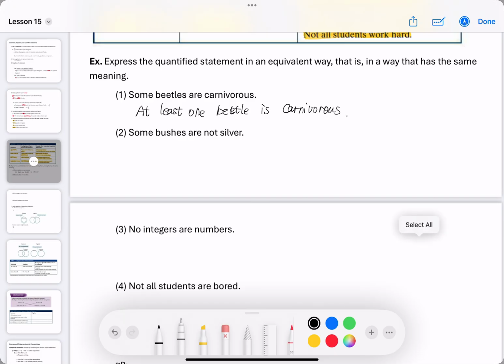Second one, some bushes are not silver. That means not all bushes are silver.